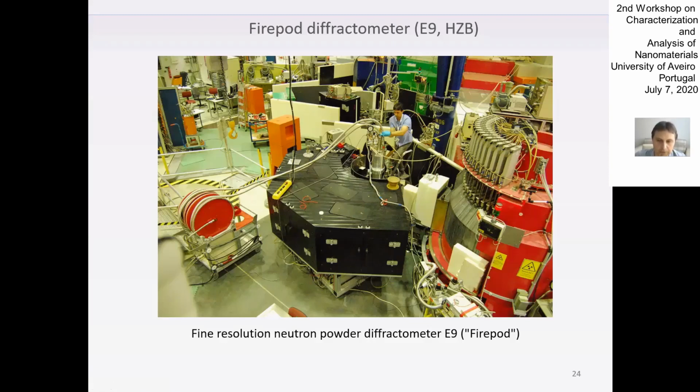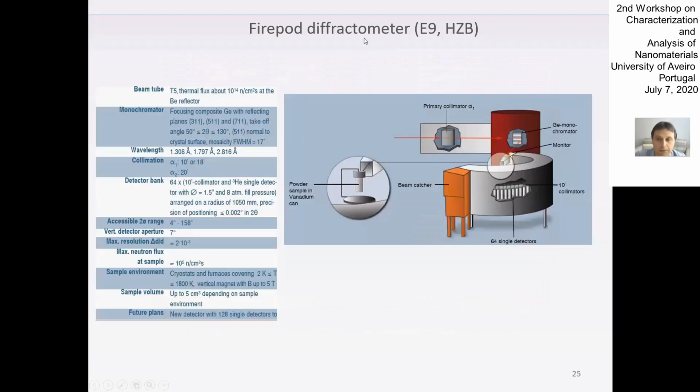We can get a really nice spectrum. On this slide we can see some technical parameters of the instrument, the flux and the resolution. And of course, it's very important to plan experiments and to know the parameters of the instrument.